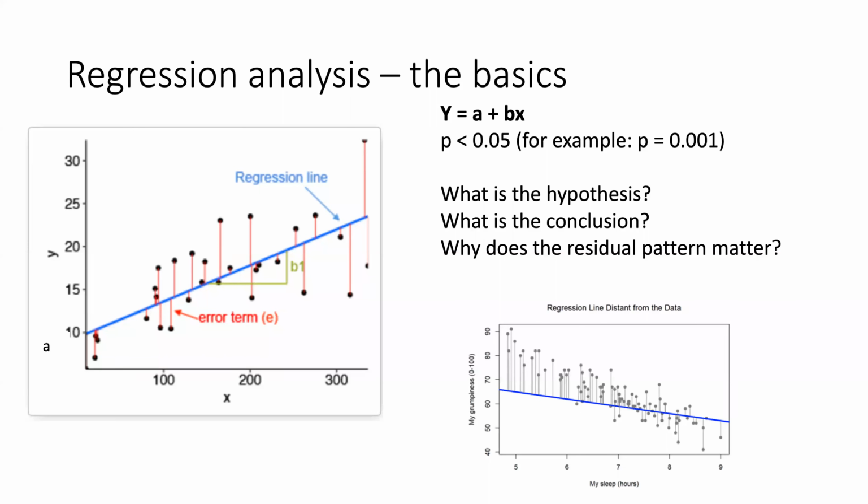Now have a look for me at the smaller graph on the bottom. It's once again a data set, and again I've drawn a blue line here, that is the line of best fit.